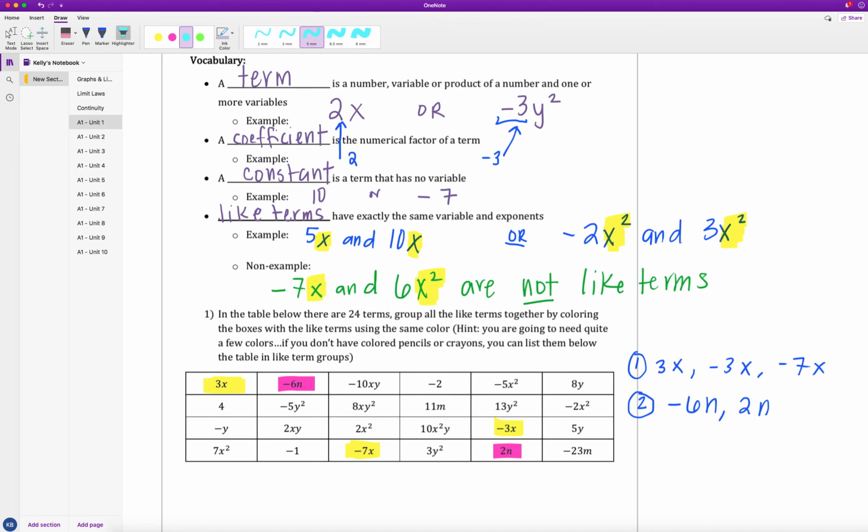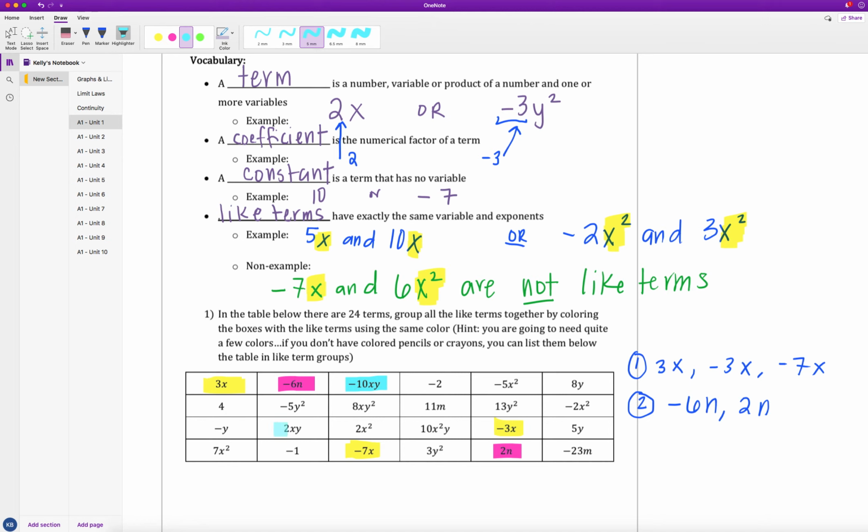If we keep highlighting here, let's check our next set. So let's see if I have any like terms with negative 10xy. So nothing else in the first row has both an x and a y, where they're both to the first power. In our second row, this 8xy squared looks close, but the issue is that the y is squared versus being to the first, so that one won't work.